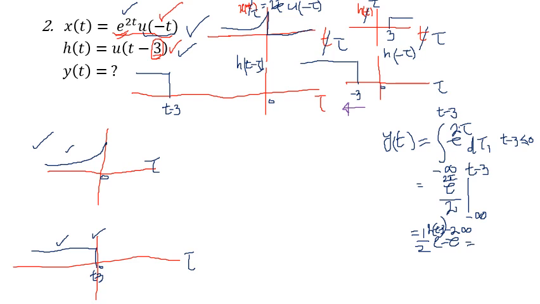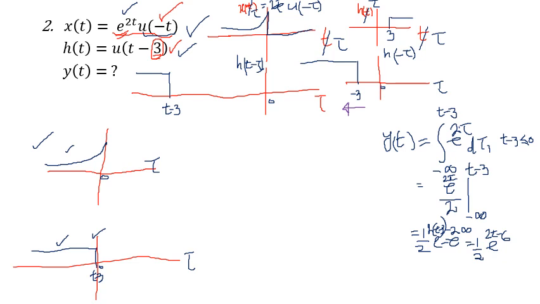So e power minus infinity equals 0. That means we have 1 by 2 e power 2t minus 6.